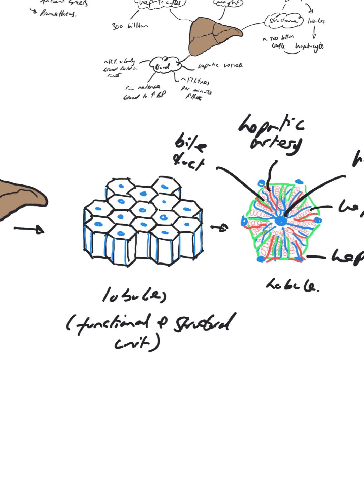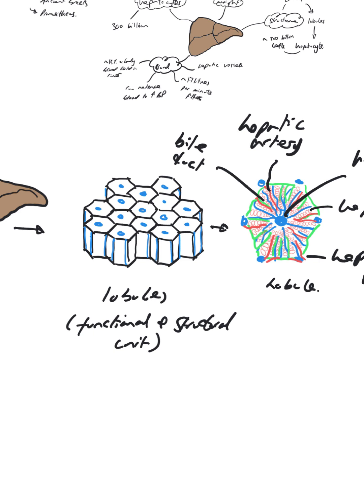And what we need to do is recognise how these are working together and how this lobule works and the different components of this. So just to touch briefly before we go even further in and look at a sinusoid here: we've said that the lobules are the basic functional and structural unit of your liver.